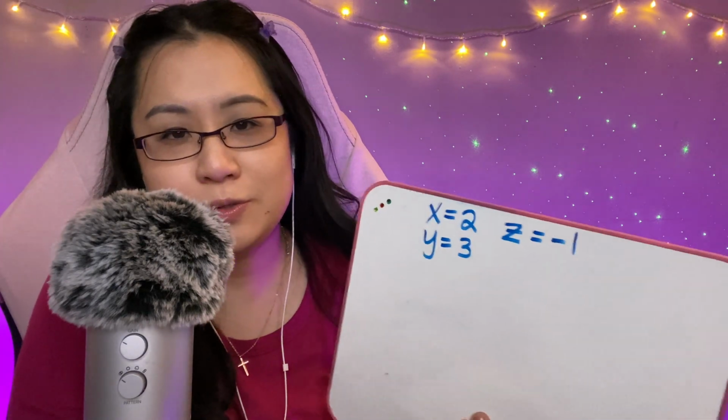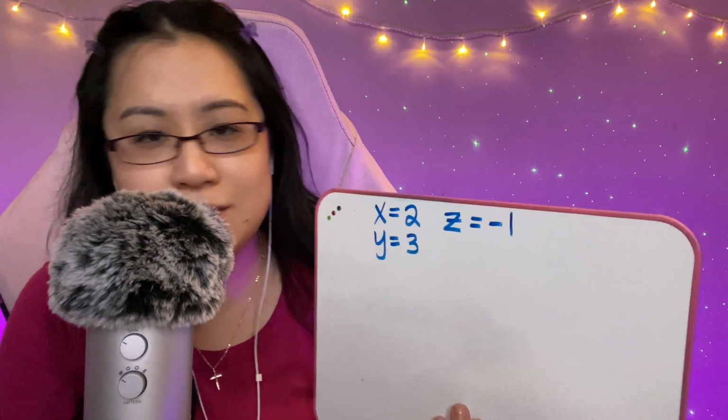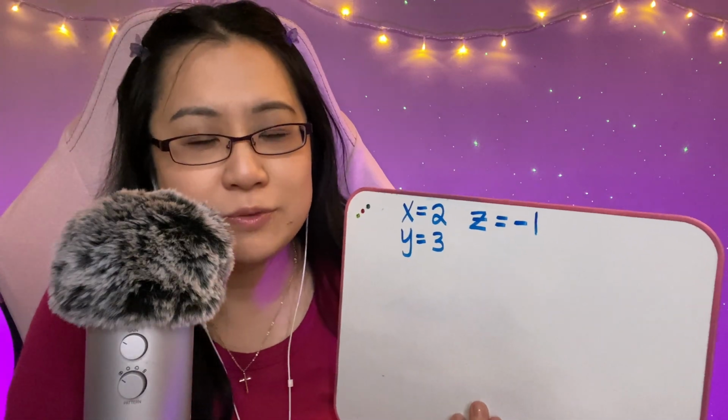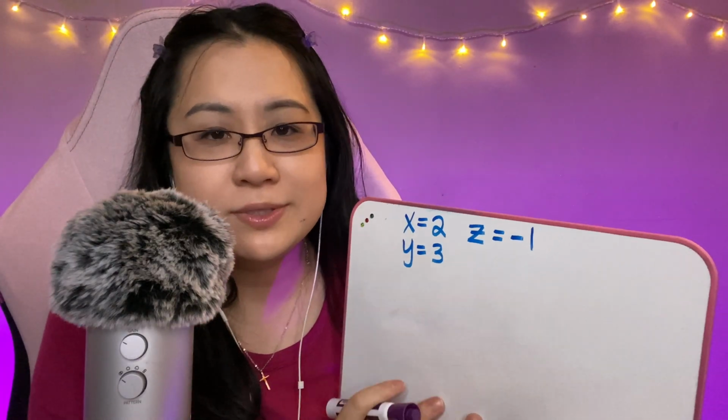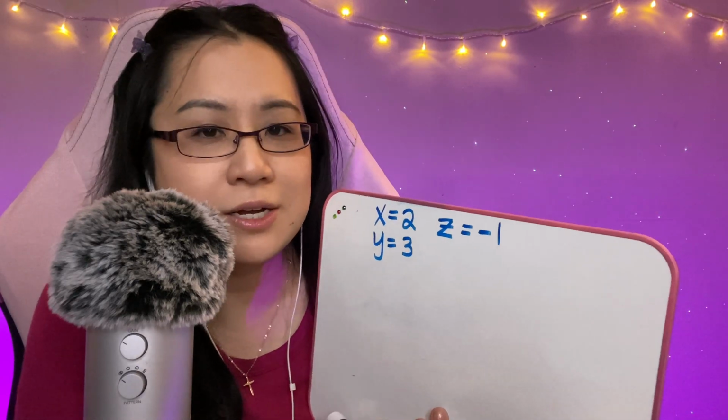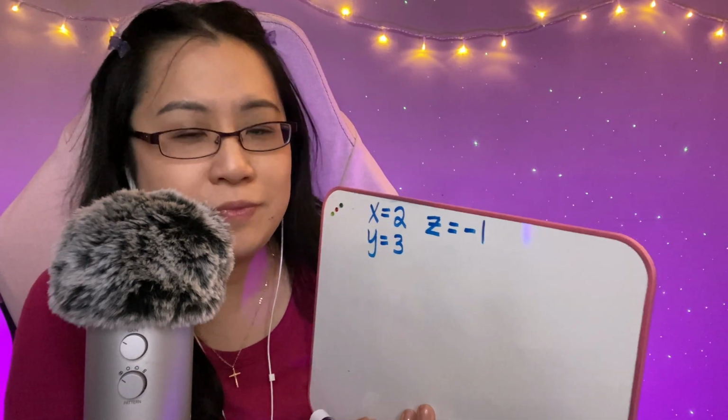So anyway, for today, we are going to look at 3 variables, and I'm going to give you their values. In general, in algebra, variables are letters or symbols that represent an unknown value.